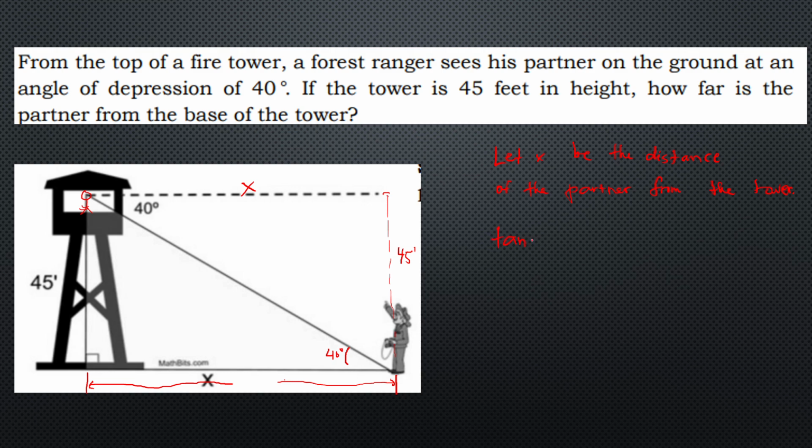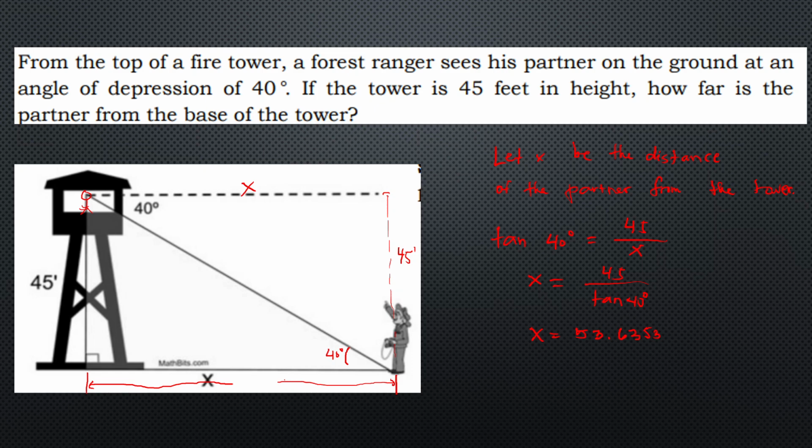So tangent 40 degrees equals 45 over x, opposite over adjacent. Then exchange their places: x equals 45 over tangent 40 degrees. That is roughly x equals 53.6353.